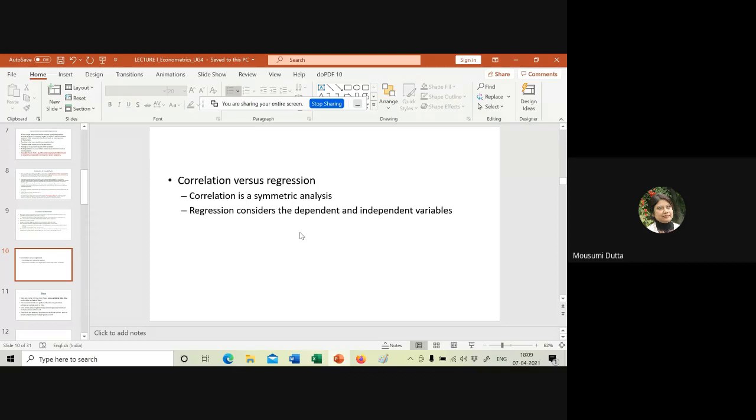Okay, so we categorize the variables here. In case of correlation, we consider degree of association. However, we do not make any categorization among the variables. Whereas when we go for regression analysis, we categorize among the variables. One variable will be considered as the dependent variable, and another variable or another group of variables, set of variables, will be considered as independent variables.